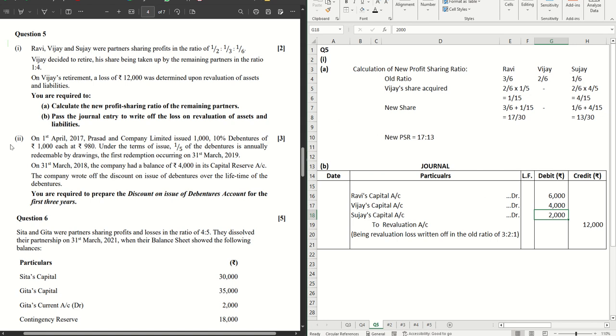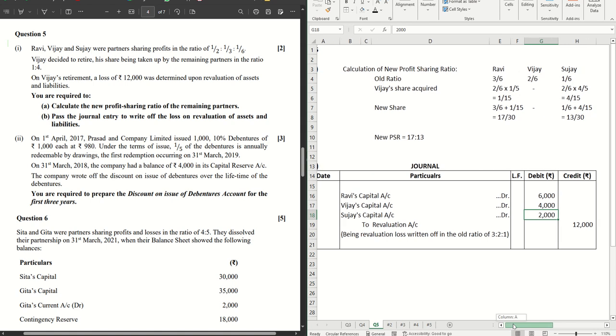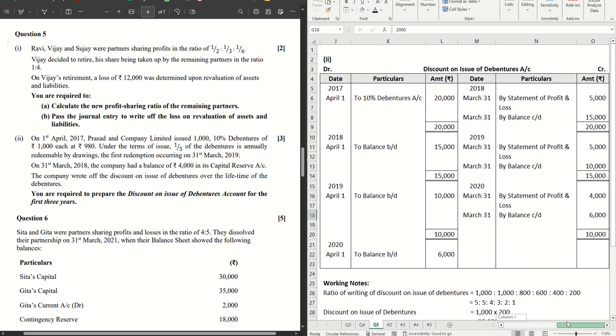Let's move on to the second part of question number 5, which is a sum on debentures, where we are required to calculate the discount on issue of debentures and prepare the discount on issue of debentures account. This is a ledger account. So again, you have to have that presence of mind in the exam so that you are able to understand the requirement.